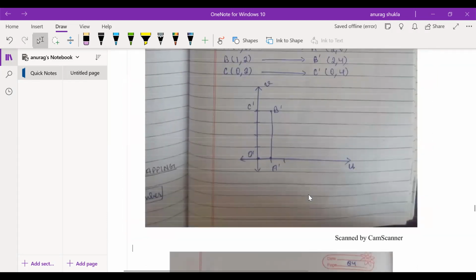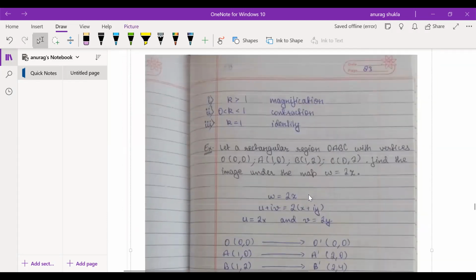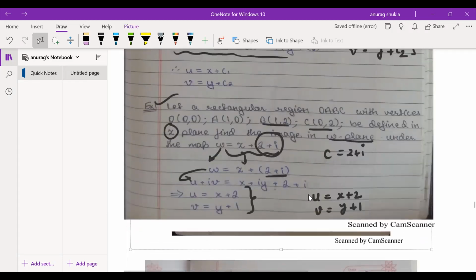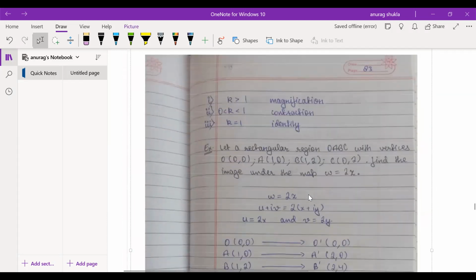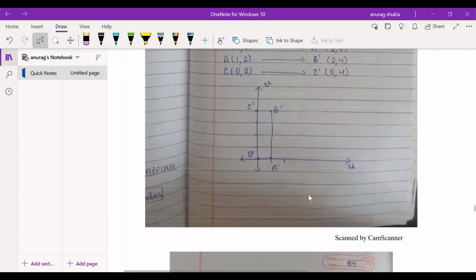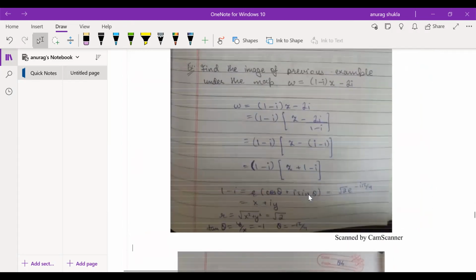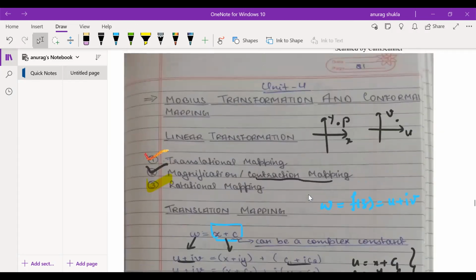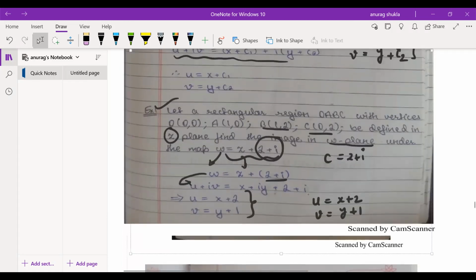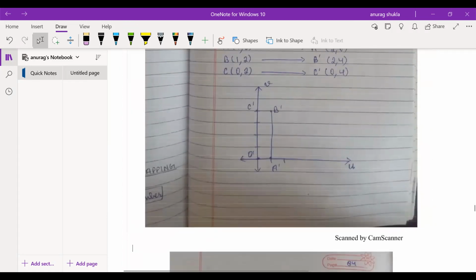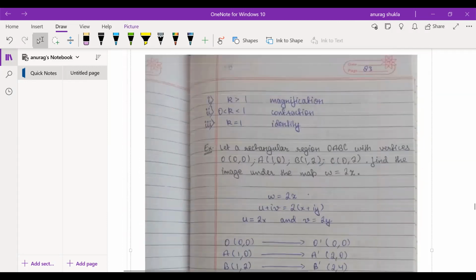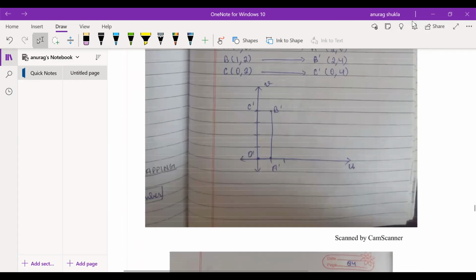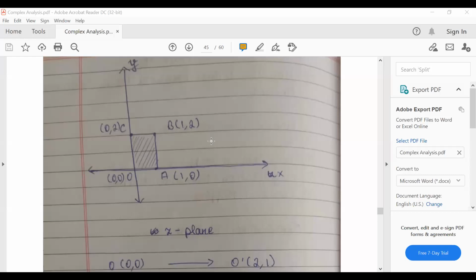Now draw the picture. If we draw the picture, it will look like this.